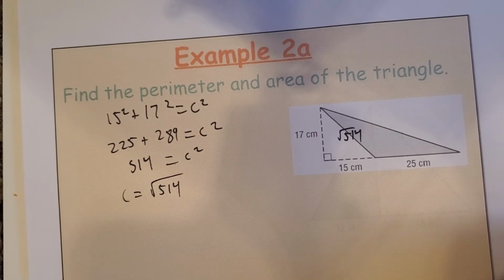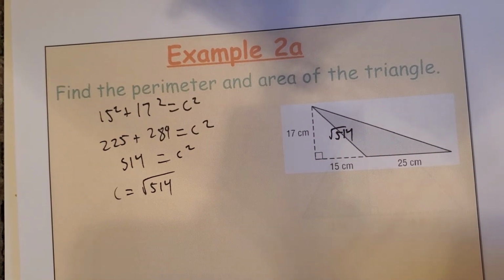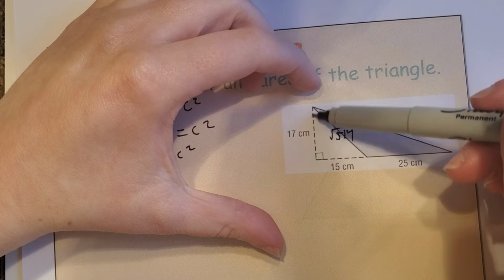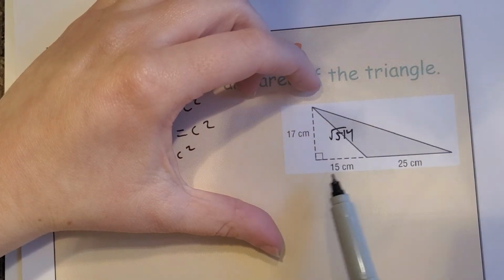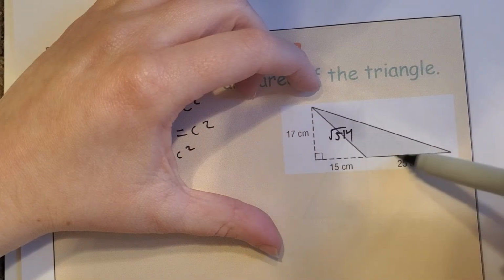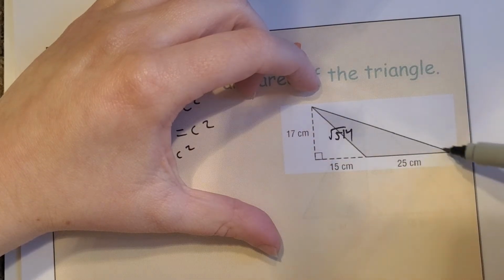So, in regards to this final side, it doesn't look like the shaded gray is a right triangle, which it is not. But what you can use is the fact that this vertical 17 and the 15 plus the 25 forms a giant right triangle with the whole thing.